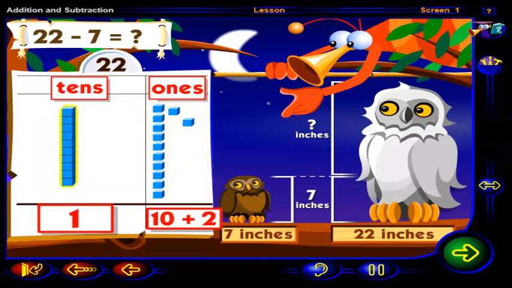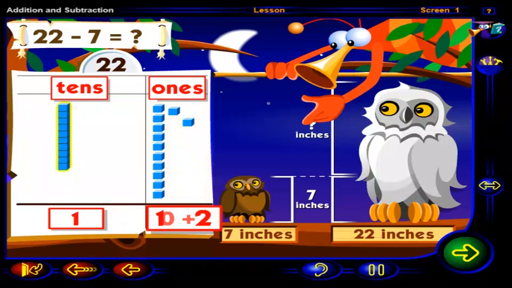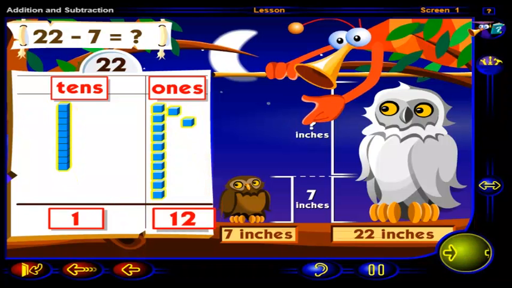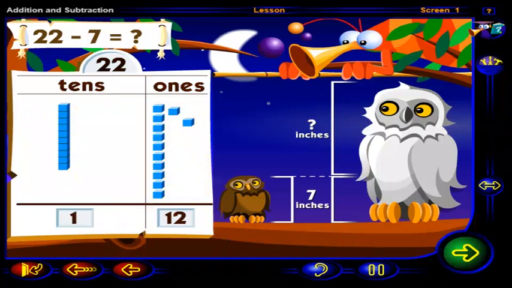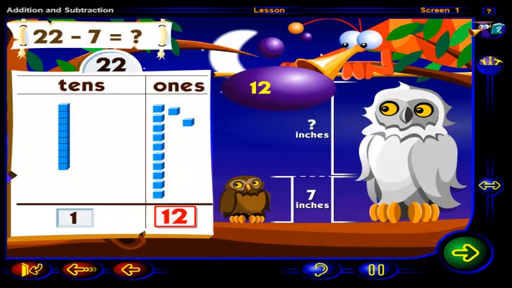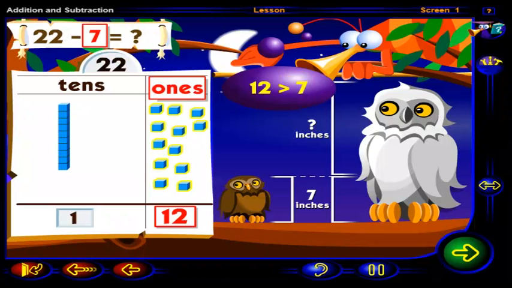Now we have 1 10 here and 12 ones here. 12 is greater than 7, so there are enough ones here for us to take away 7.